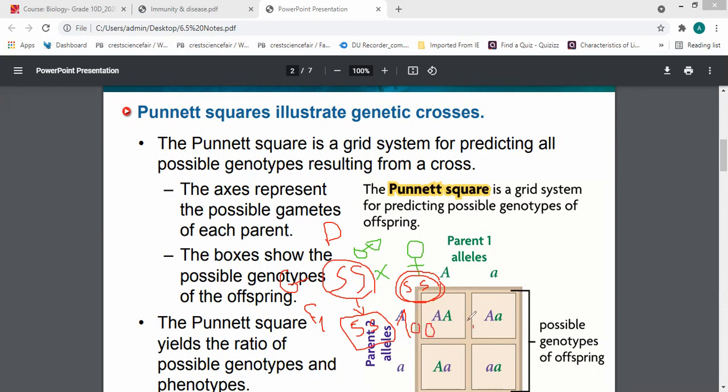dominant. But is this offspring, this dominant, homozygous or heterozygous? Homozygous or heterozygous?